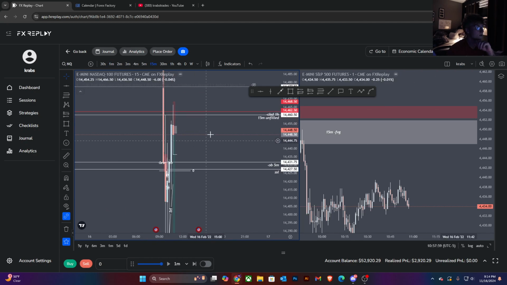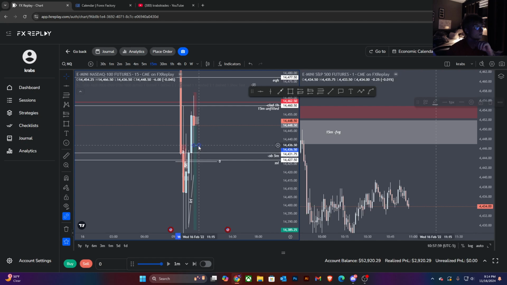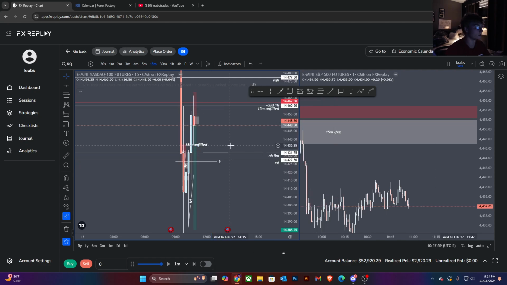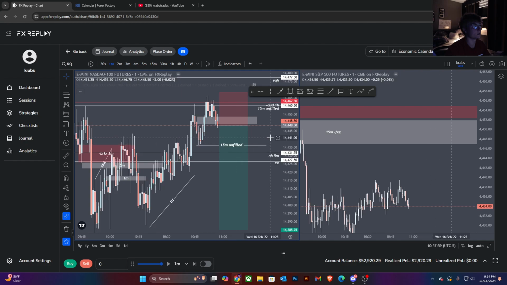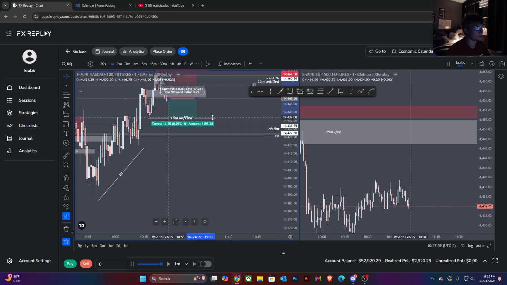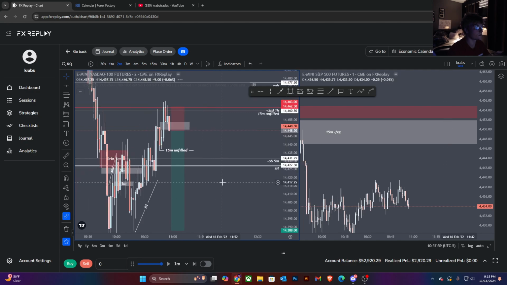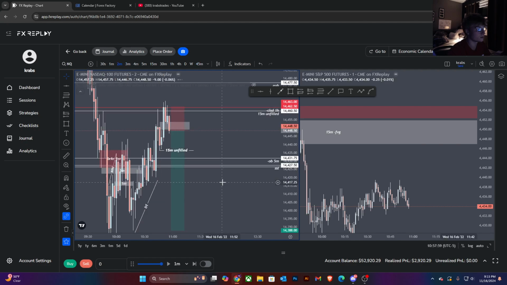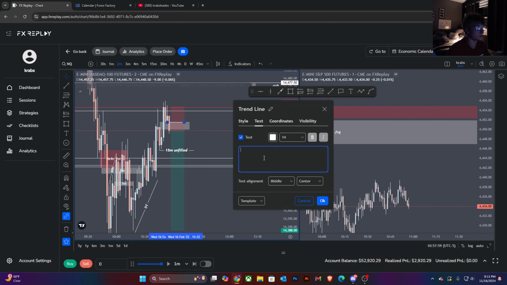Manipulated higher into this 15. Ooh, I didn't even see this, but yeah, now I like this. Mech model here. Unfilled 15, break even, see if we can make that 101. So yeah, I'm gonna try this. Also got a nice 2-minute order block here to protect us.